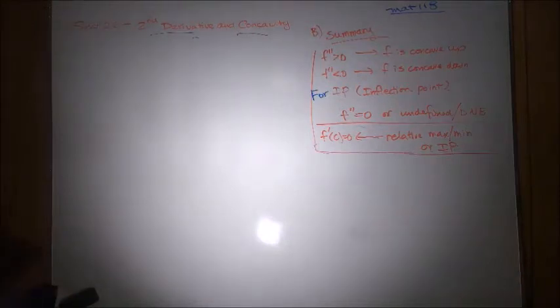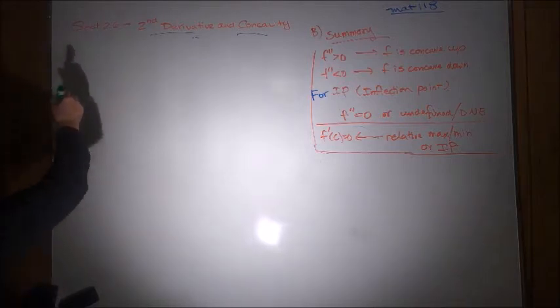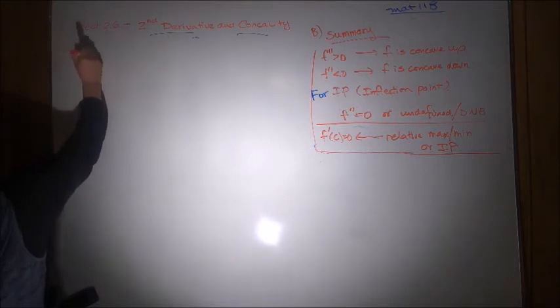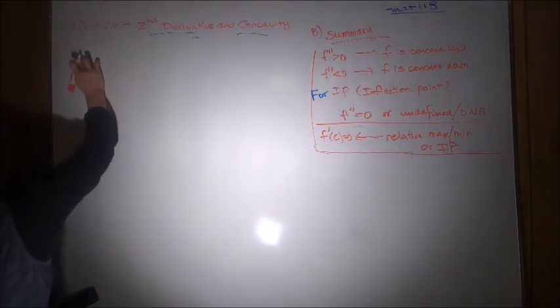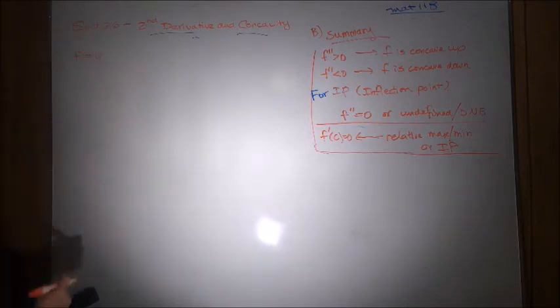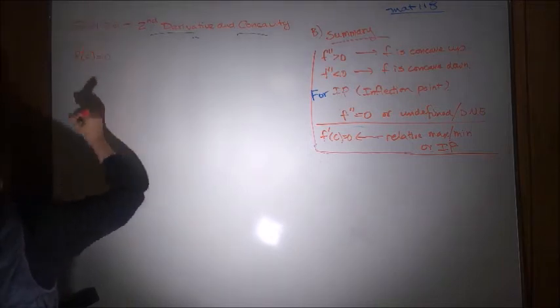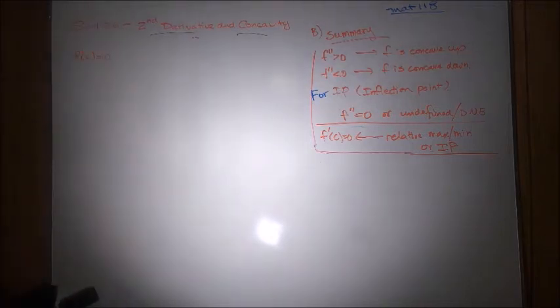Okay, let's repeat what we have been learning. If we have f prime, say f prime is 0, at a certain point of time, then what kind of conditions are we in?